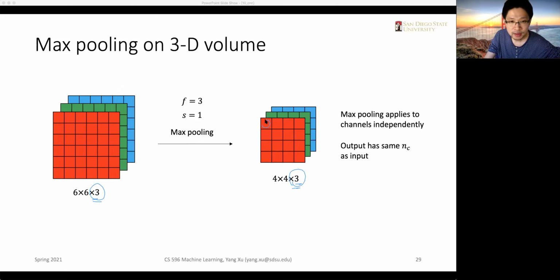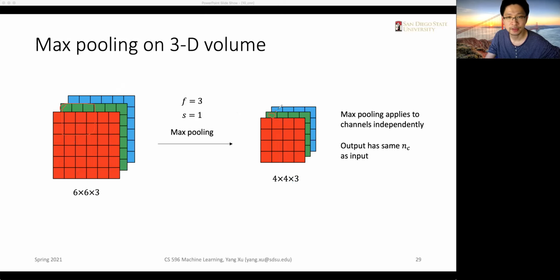So this cell in the red corner here is just the maximum element among this 3x3 region in the red channel. And this cell in the green channel is the biggest one among the 3x3 region in the green channel.